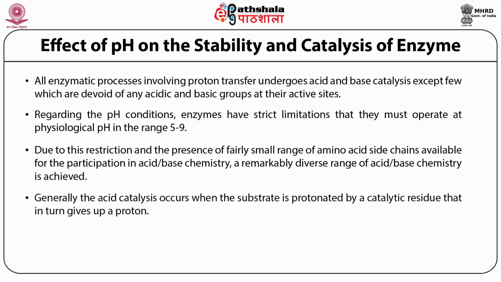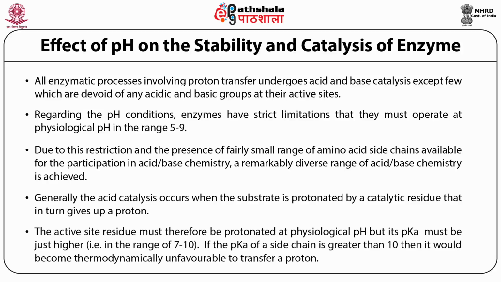Generally, acid catalysis occurs when the substrate is protonated at a catalytic residue. The active site residue must therefore be protonated at physiological pH, but its pK must be just higher. If the pK of the side chain is greater than 10, then it will become thermodynamically unfavorable to transfer the proton.